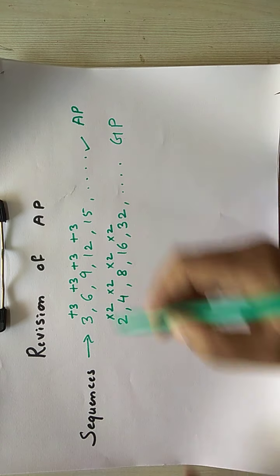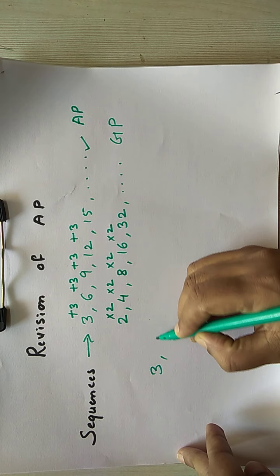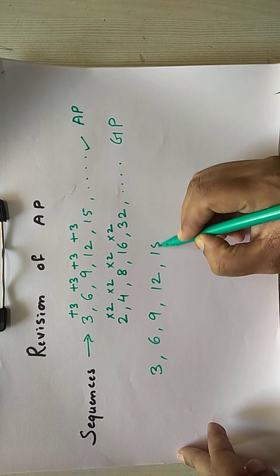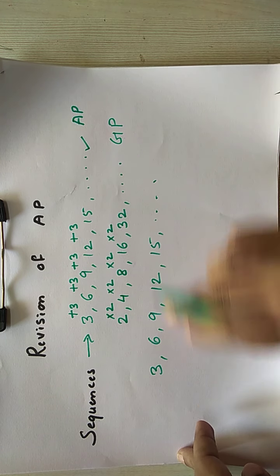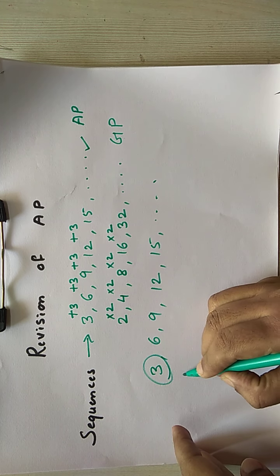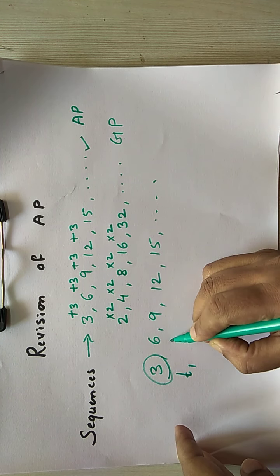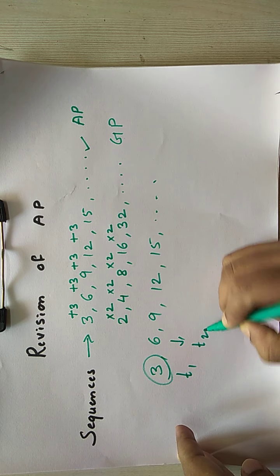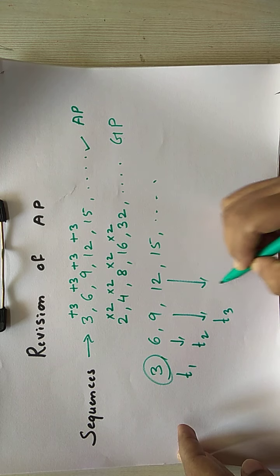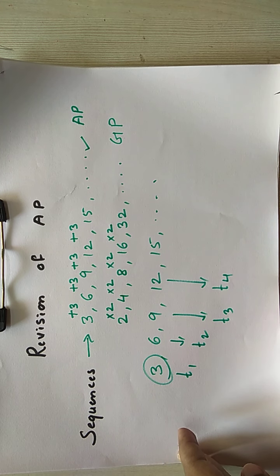Now again let's take the same example here. We have 3, 6, 9, 12, 15 and so on. In this sequence, the starting term, the first term, is called T1, the second term is called T2, the third term is called T3, the fourth term is called T4 and so on.